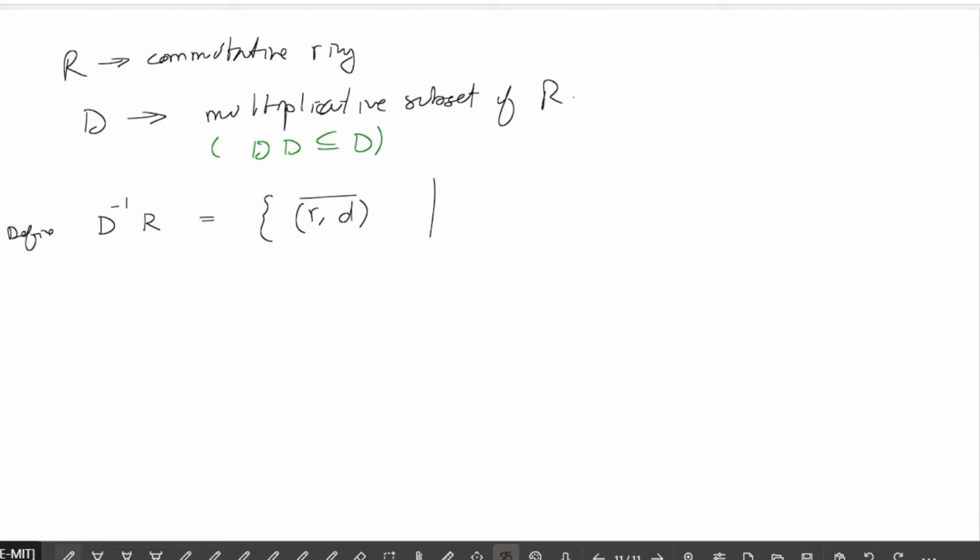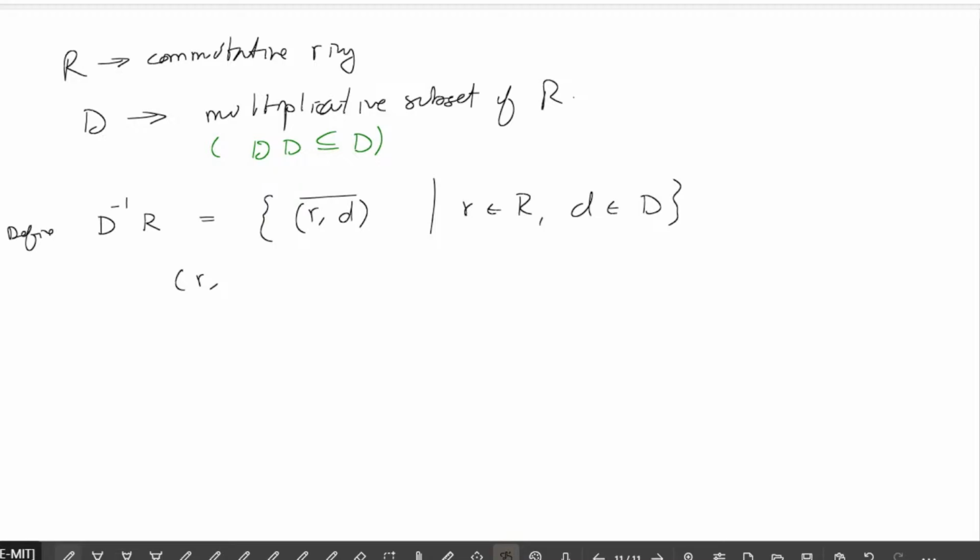I'll define what this means. Define D inverse R to be the equivalence classes of (r, d), where (r, d) is from the Cartesian product of R and D, and you define the equivalence relation like this.